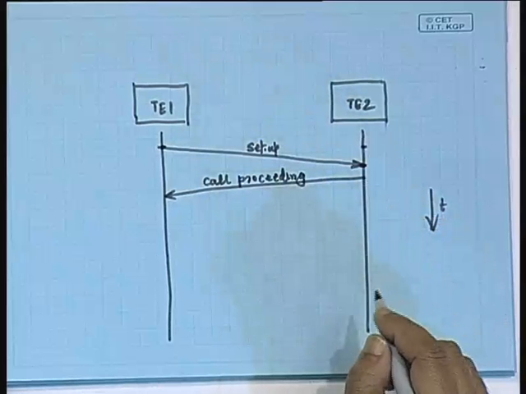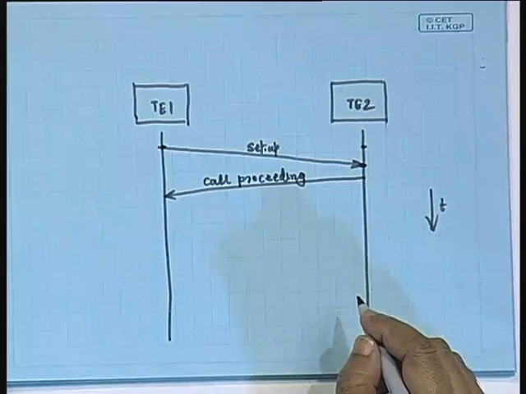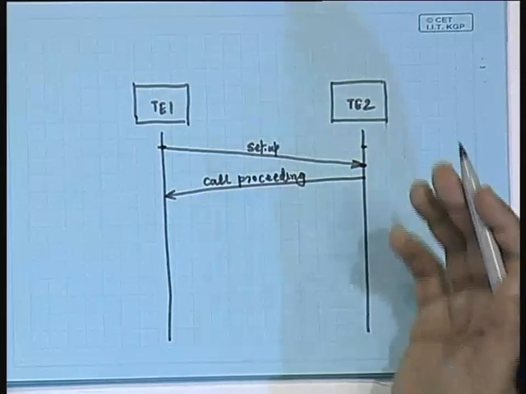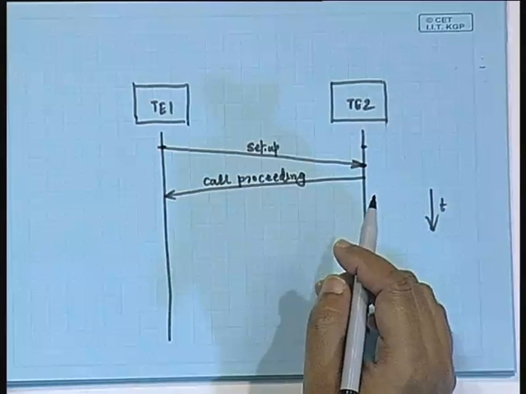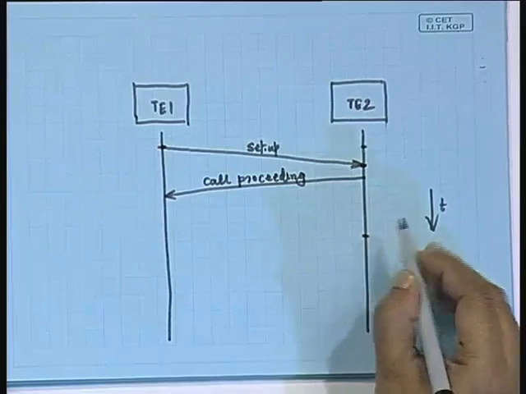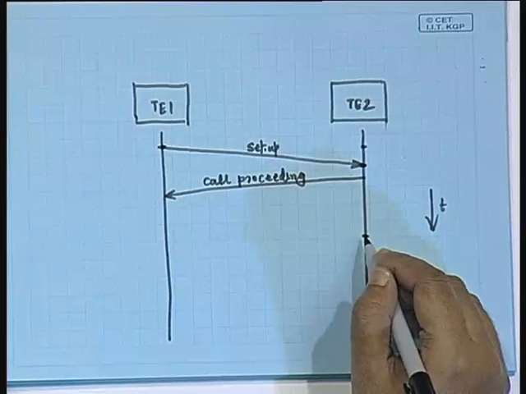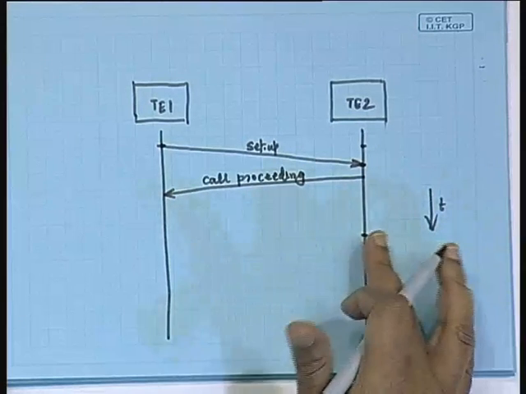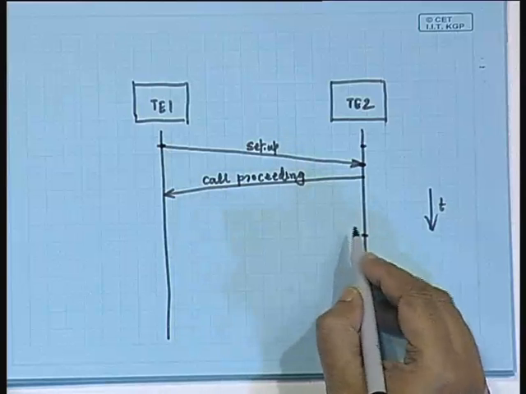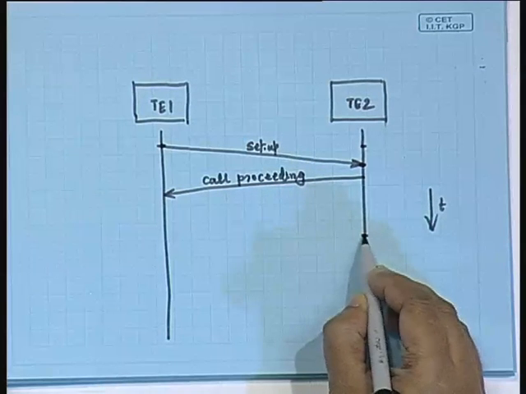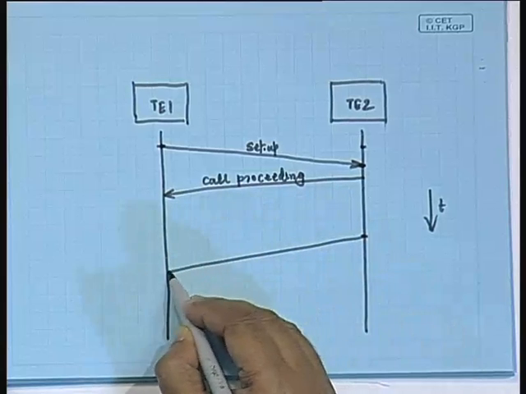Actually T2 may take some time, although a direct involvement of T1 and T2 would make the ringing almost immediate, but let us say that in time the ringing starts from here. This is where T2 starts ringing, and the very fact that T2 is ringing would also be received in TE1.